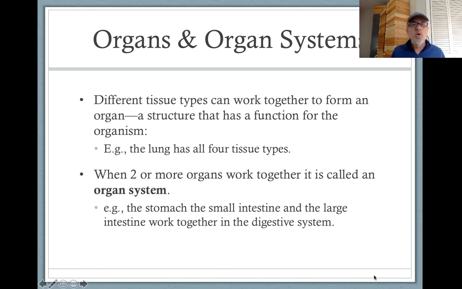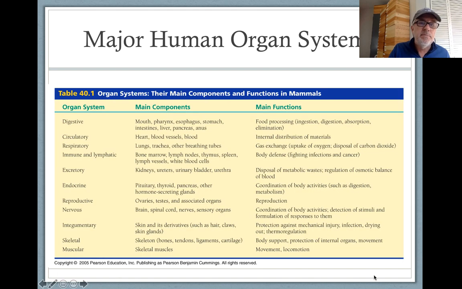So the lung works with the circulatory system to transport oxygen from the outside world into the internal world, which is where the circulatory system is. The stomach and the small intestine and the large intestine work together in the digestive system. These are organ systems. And here now are some of the major organ systems in the human body with their main components and their main functions.